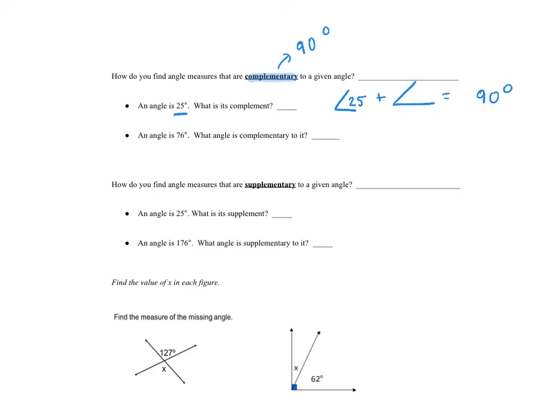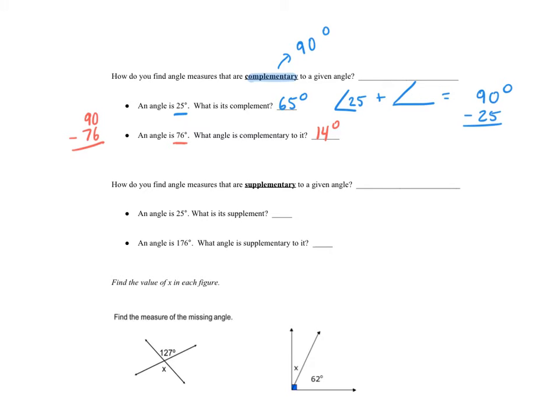Hopefully you all did your subtraction, 90 minus our 25 to get 65 degrees for its complement. My next one, if the angle is 76 degrees, I'm going to do the same thing. 90 minus 76 gives me 14 degrees for its complement.